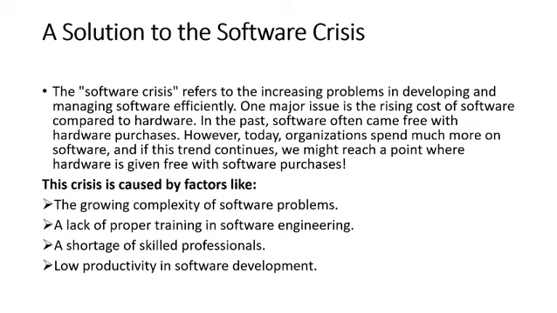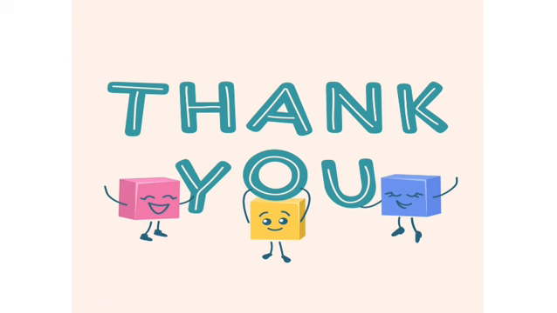The next one is code review: conduct regular code reviews to ensure high quality code and knowledge sharing. The next one is testing and validation: implement thorough testing and validation processes to identify and fix defects early. And the next one is documentation: maintain accurate and up-to-date documentation to facilitate knowledge sharing and maintenance.